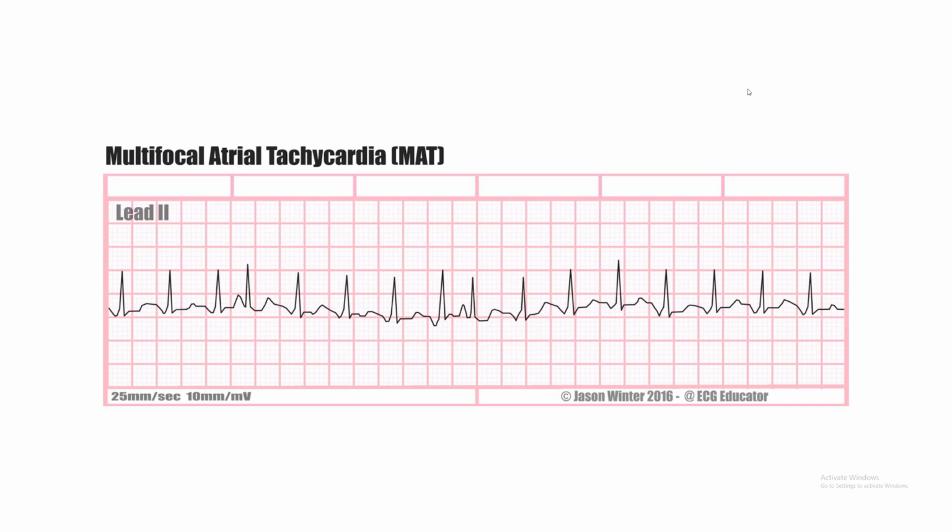Although there is another type of atrial tachycardia that's just called focal atrial tachycardia, which means you have an atrial tachycardia stemming from just one focus, or just one group of abnormal pacemaker cells setting off a regular electrical activity. So you might get a P wave that looks very similar to a normal sinus P wave.